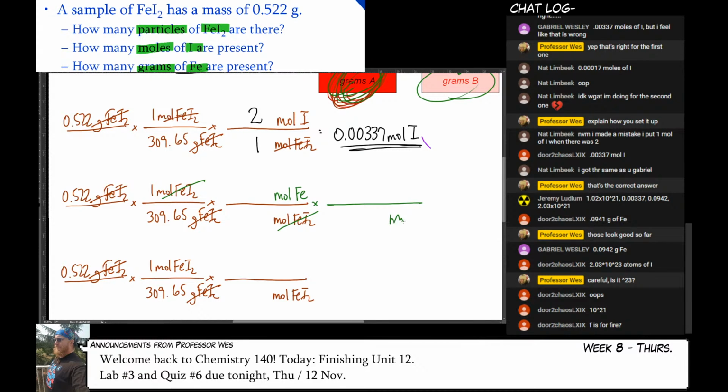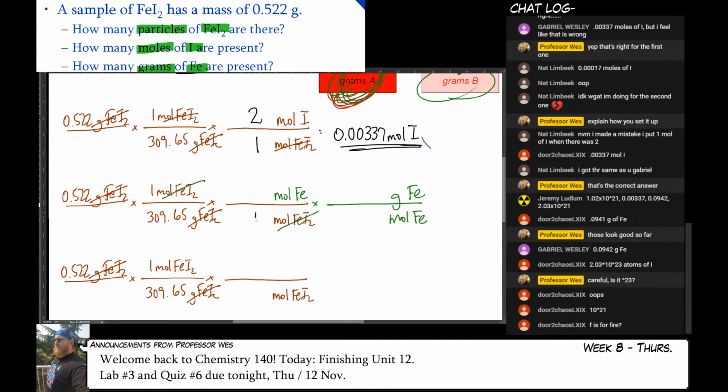And then to get a mass of iron out of that, I just figure out how many moles there are and turn it into a mass. And we're all set. Ooh, that's a weird error. Oh, it took away my color. That's okay.